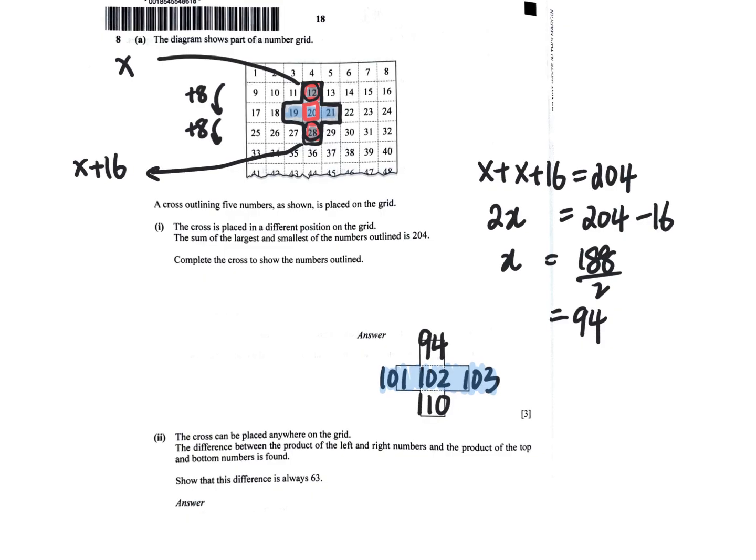Okay, next, it says the cross can be placed anywhere on the grid. The difference between the product of the left and right number, versus the product of the top and bottom number, is always 63. They want you to show that.